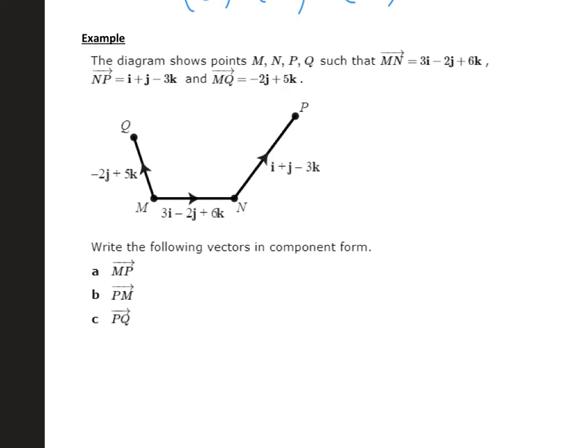So M to P. From M to P, I'm going to do M to N plus N to P. So if I add those two vectors together, I get 3i plus i is 4i, minus 2j plus j is minus 1j, and 6k minus 3k is 3k.